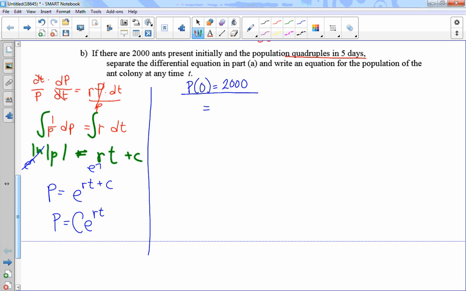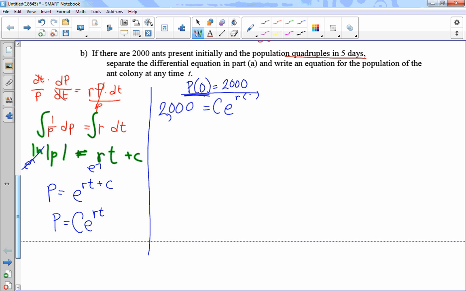So if we started, maybe we started observing today, but there are probably ants before today. We're just saying at time t equals 0 when we started observing, there's 2,000 ants. So that's the population over time. C e to the RT, what's the rate? We don't have it, but do we know the time?